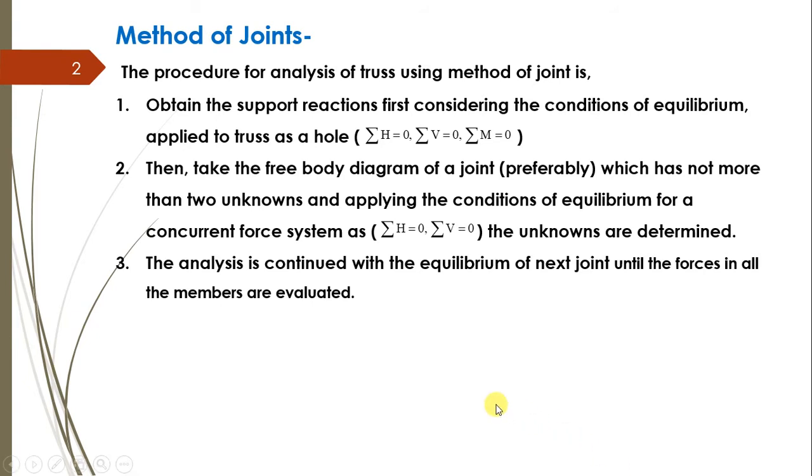Then one by one we apply the procedure of drawing the free body diagram and applying the conditions of equilibrium at the different joints till all the forces in the members are determined. After determining the forces in the members, finally we summarize the results in a tabular format, that is, member, nature of force and magnitude.